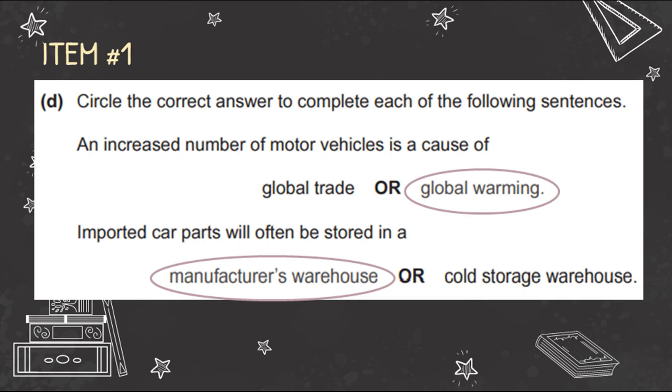And when we say manufacturer's warehouse, this is a place to store the goods required for manufacturing operations. So this is where the supply of raw materials, production parts, components, and semi-finished products are kept.